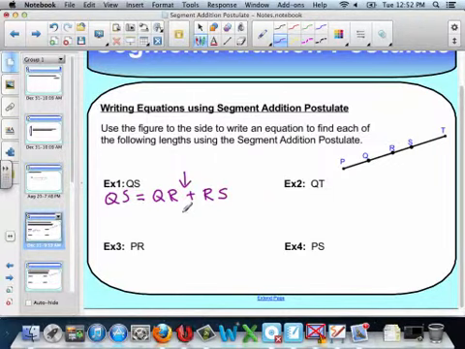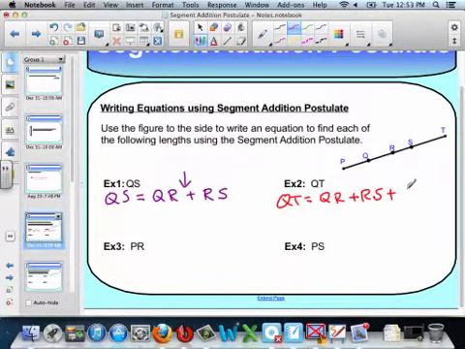All right, so let's look at number 2. Trying to figure out the length of QT. All right, Caleb, how would I write out the equation for QT? QT equals QR plus RS plus ST. QR plus RS, what's the last one? Plus ST. All done.